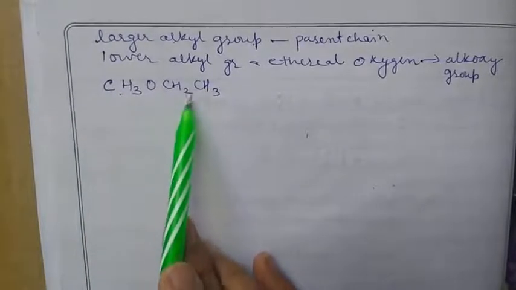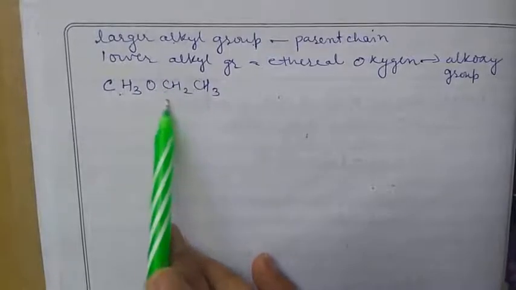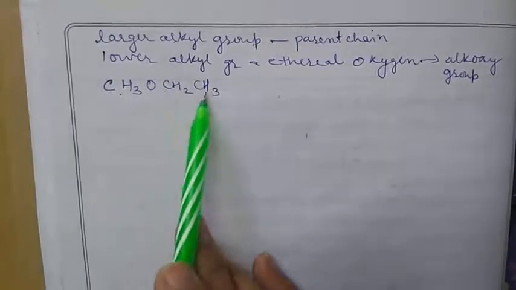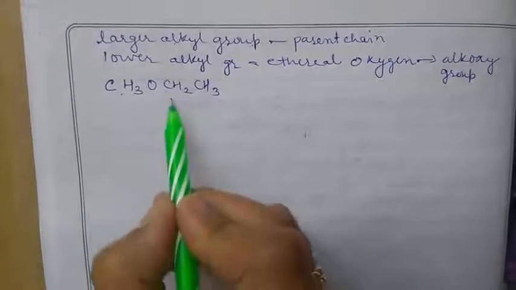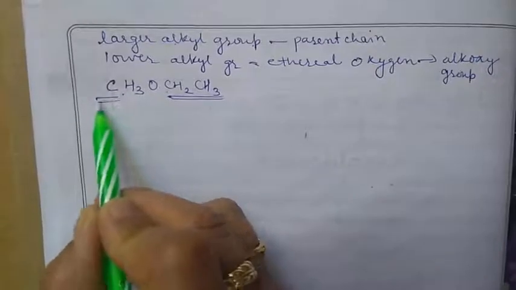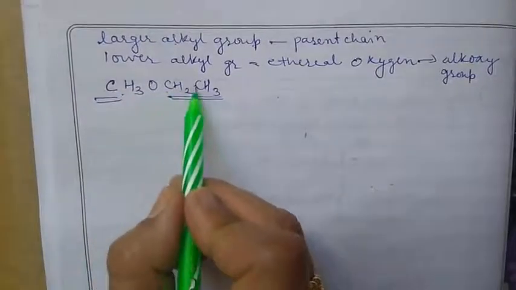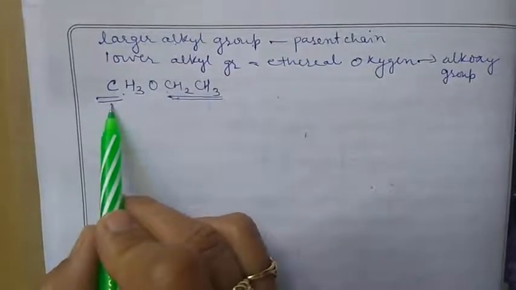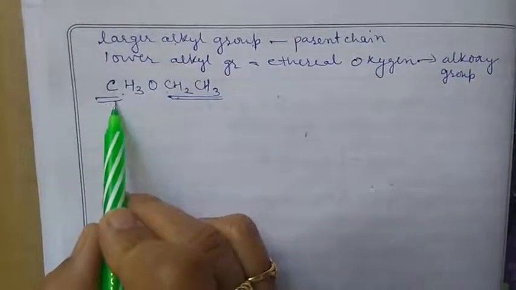You can write it as CH2CH3, or as C2H5. So this is the larger alkyl group, because two carbon atoms are there, and only one carbon atom is there in the lower alkyl group.